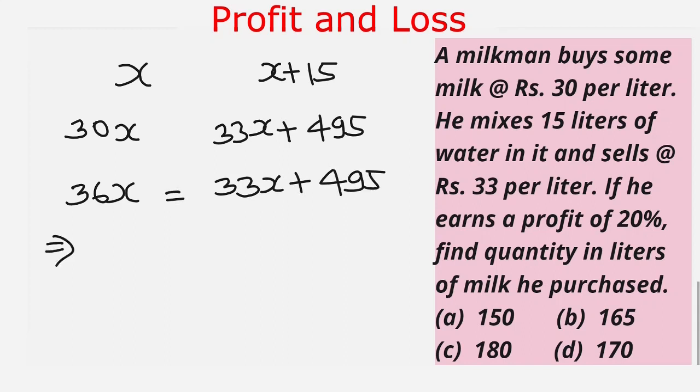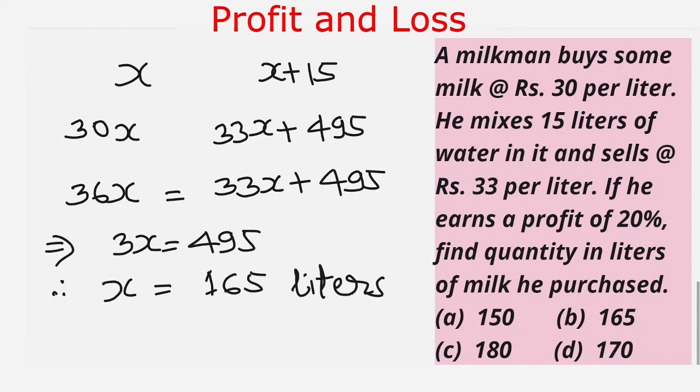This gives us 36 minus 33, which is 3x, equal to 495. Therefore, x equals 495 divided by 3, which is 165. Therefore, the milk purchased by the milkman was 165 liters. And from the given options, our answer is option B, 165 liters.